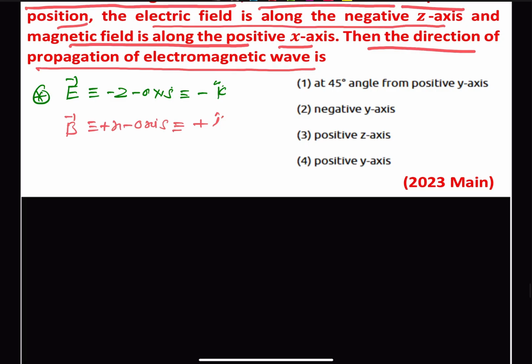We know that the electric field is perpendicular to the magnetic field, which is perpendicular to the direction of propagation.